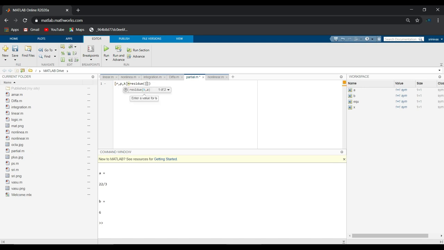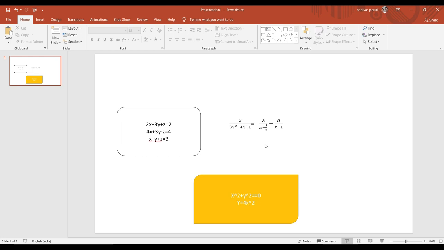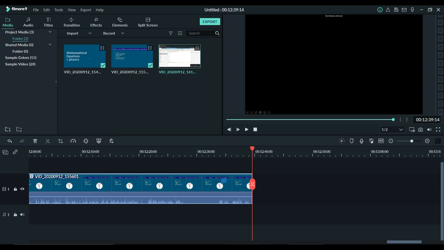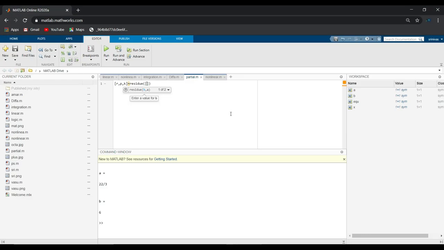What are the numerator values? Numerator values are 0, 1, 1, higher order, right? Next, the column values.